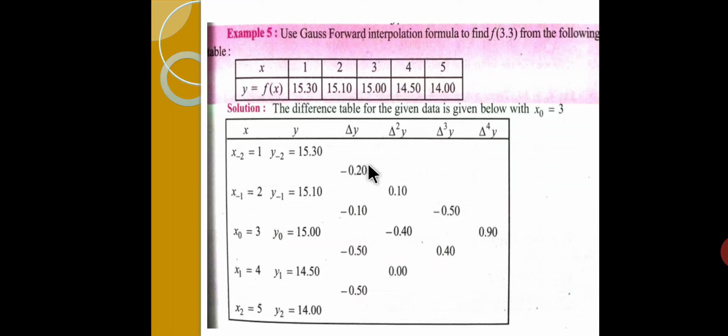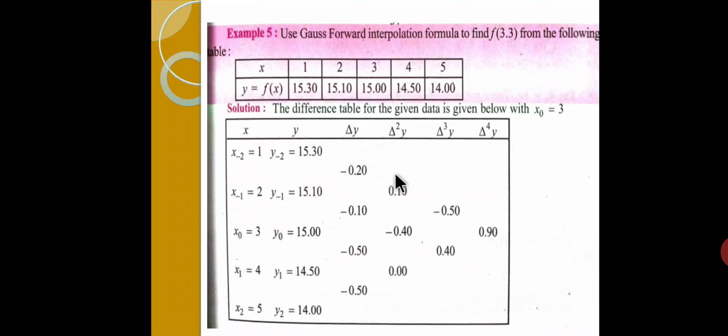In this, the value is delta square y minus 2; the order of the column is not changed. The order of the column is minus 2, minus 1, 0, 1, 2. Here also minus 2, minus 1, 0, 1; minus 2, minus 1, 0; minus 2, minus 1; finally minus 2.